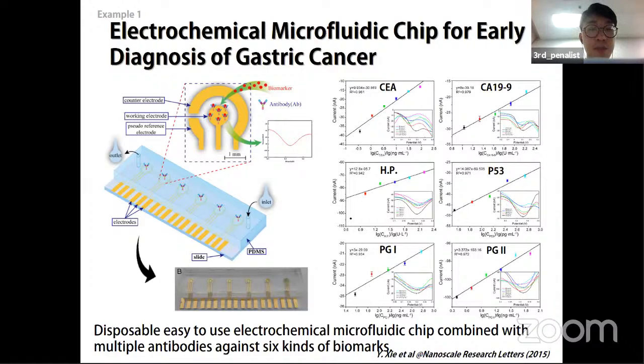The 6 kinds of biomarkers related to gastric cancer can be detected sensitively and synchronously in a short time. The specially designed electrode system enables cross-contamination to be avoided effectively.